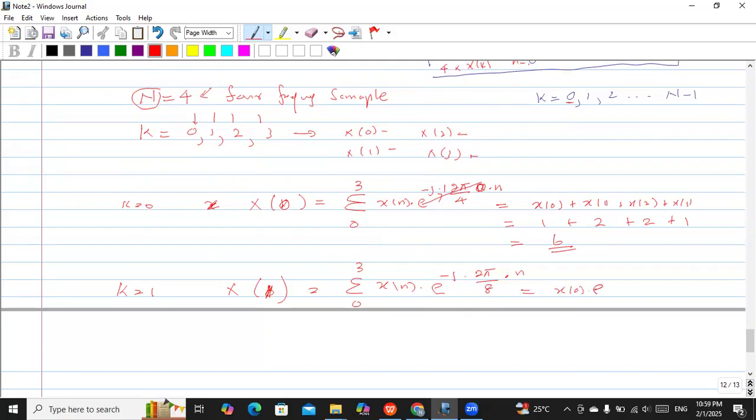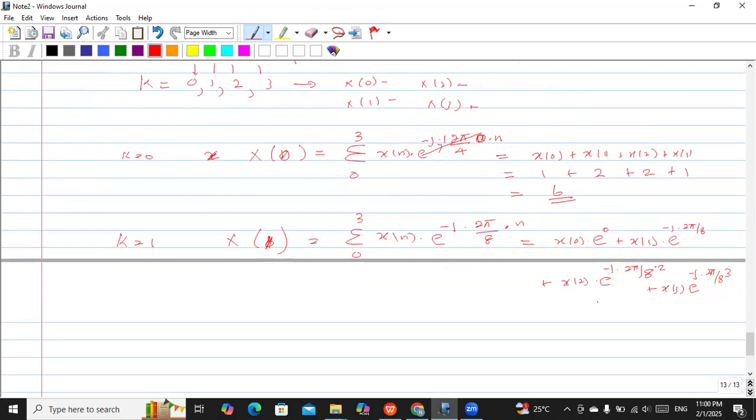X0 e to the power n is 0, e to the power 0 plus x1 e to the power minus j 2π by 8, n is 1. Okay, plus x2 e to the power minus j 2π by 8, now n is 2, plus x3 e to the power minus j 2π by 8, now n is 3. Okay, so these are the values.